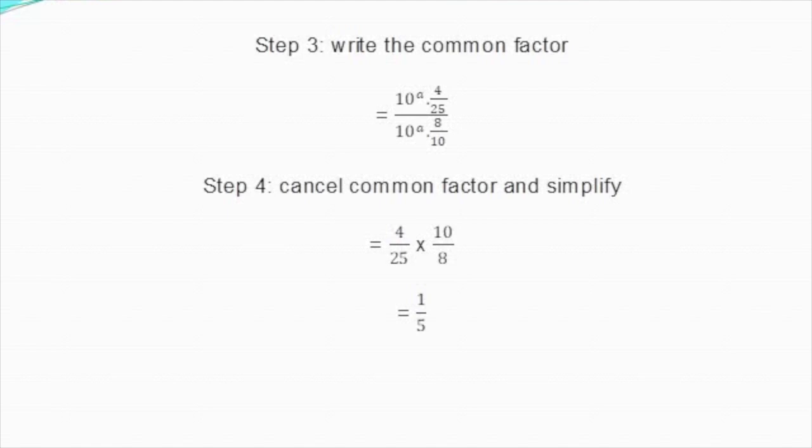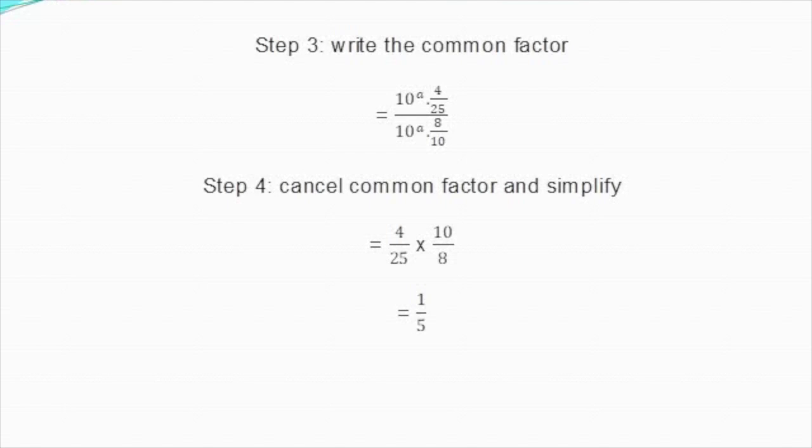The common factor is 10 to the power 8, so we cancel, and we'll be left with 4 divided by 25, all divided by 8 over 10. For division of fractions, we need to reciprocate. So once we reciprocate, we are going to have 4 divided by 25 times 10 divided by 8.